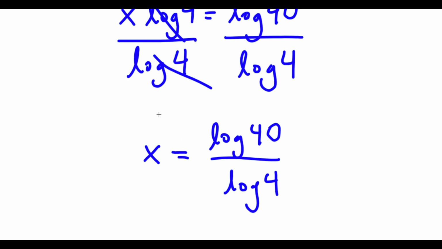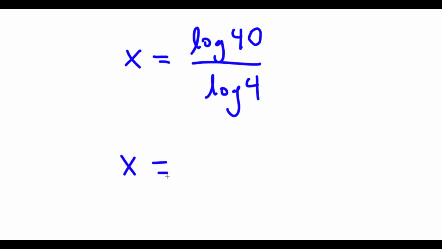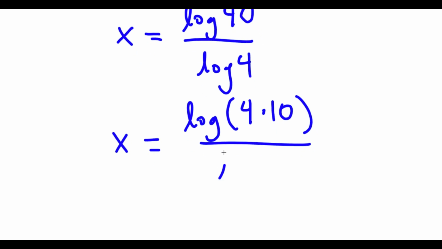Now, log 40, this is the same thing as log of 4 times 10. So log 40 is equal to 4 times 10, and I have this over log 4.